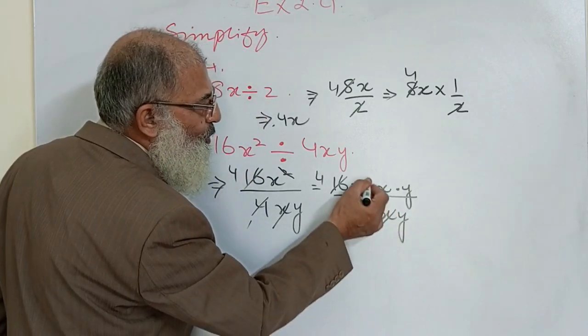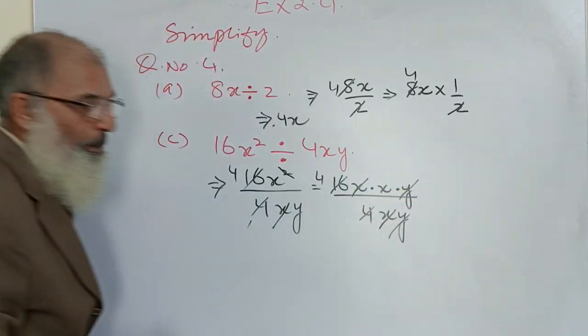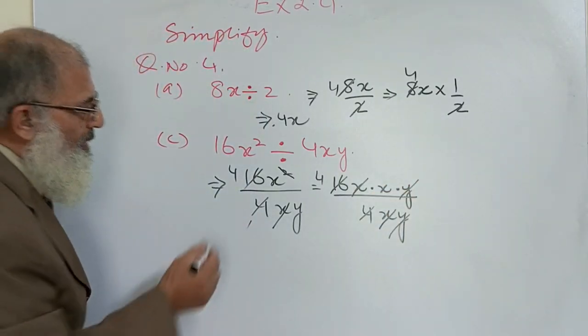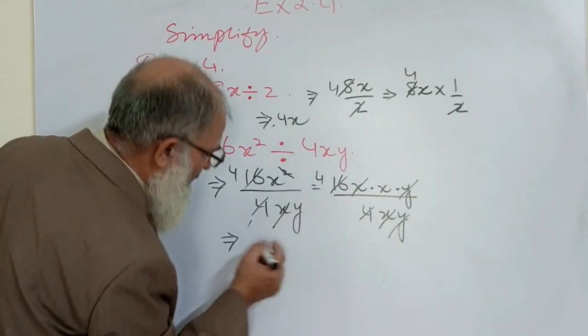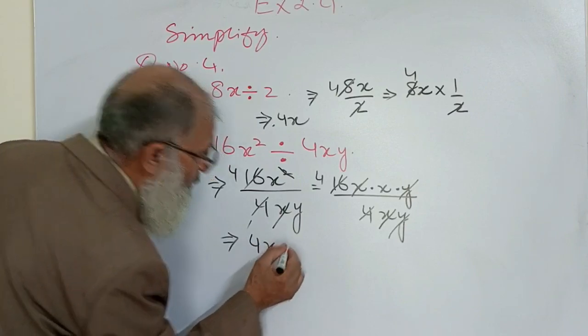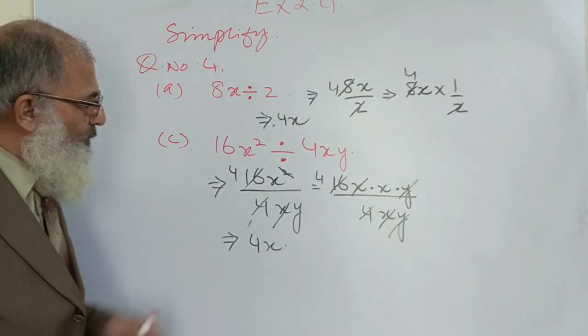So one x goes with this one, and one y goes with this one. What is the total outcome? That is 4x. The remaining is 4x again, 4x for this and 4x for this.